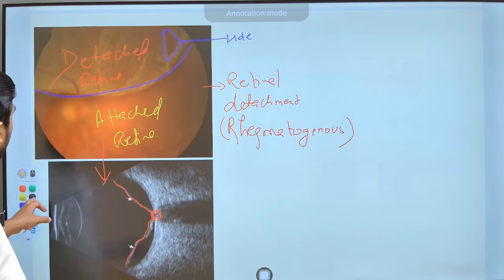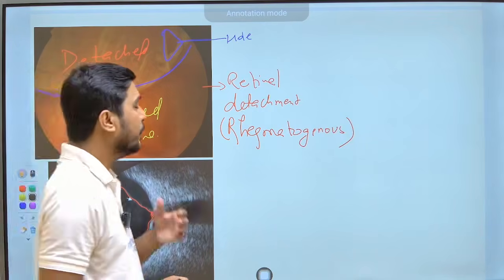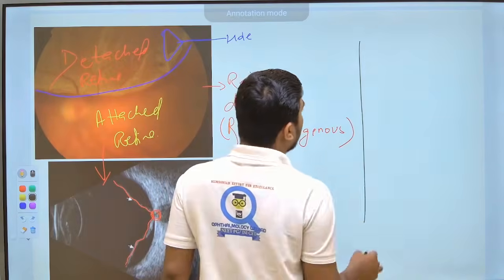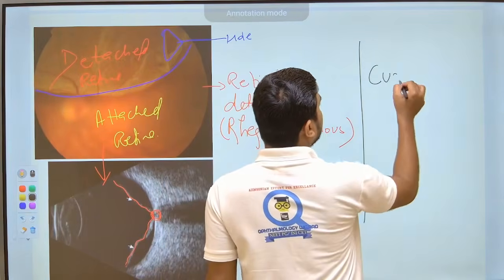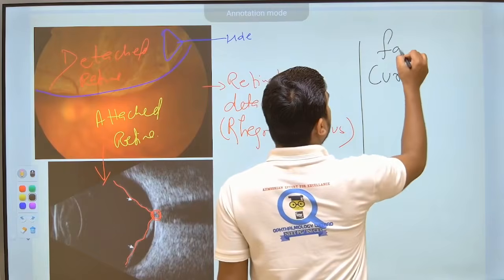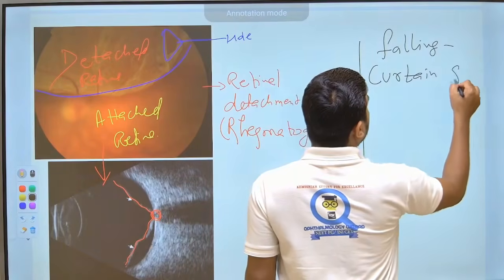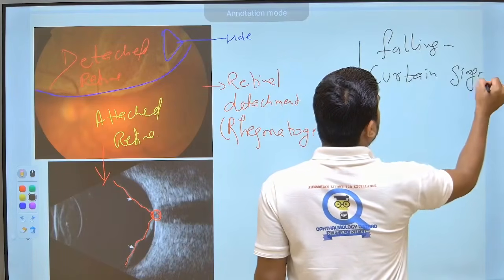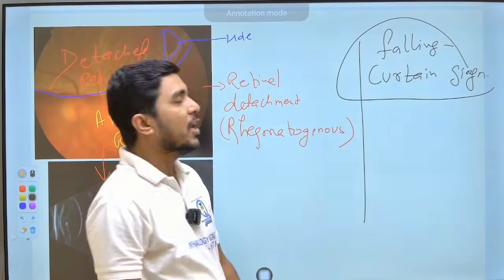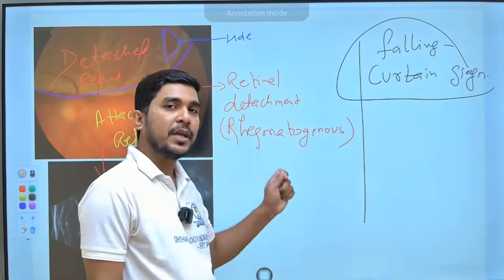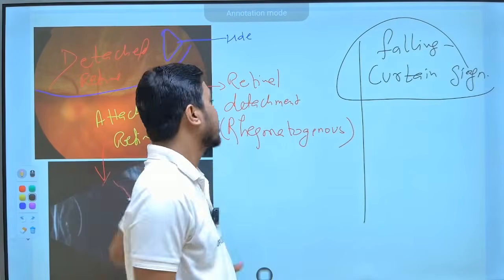What are the other questions they can ask you? They can ask that in this condition there will be a falling curtain sign. If the question mentions a falling curtain sign, remember that this can be rhegmatogenous retinal detachment.